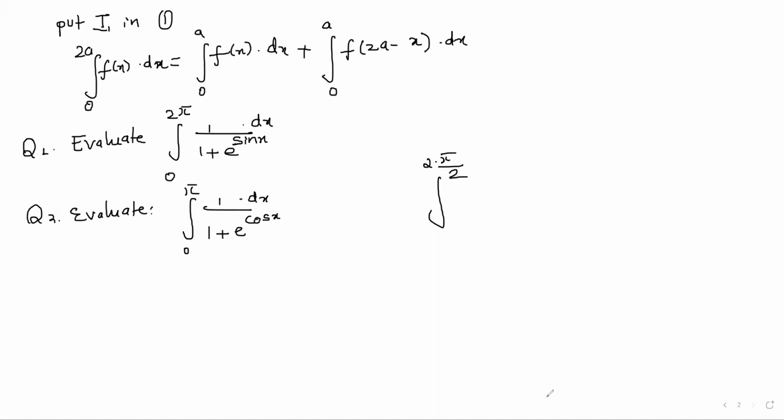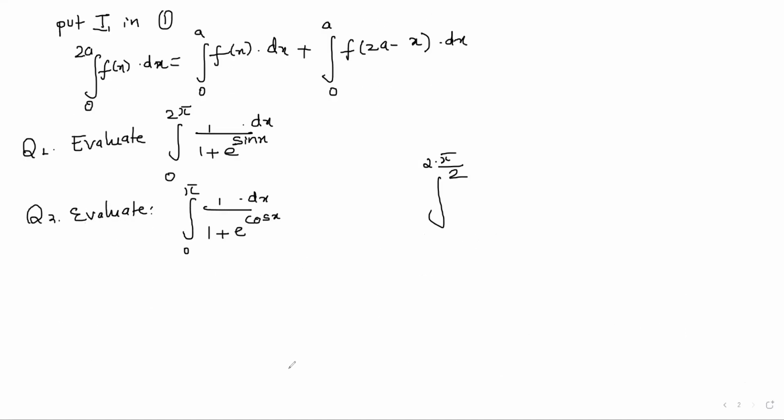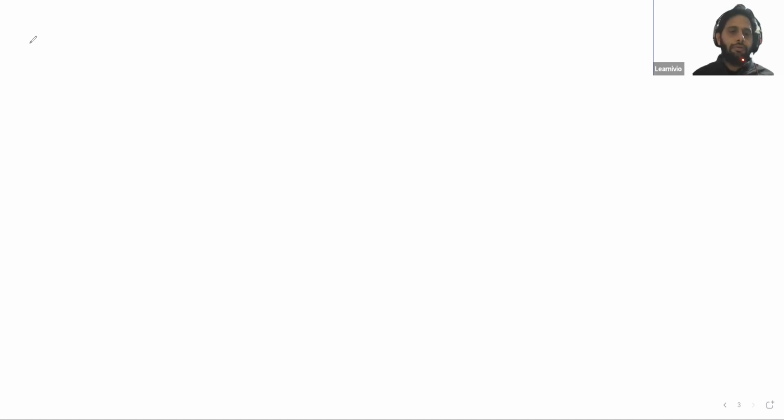Now, from the same formula, we can find out one more property. The next property is property 7.